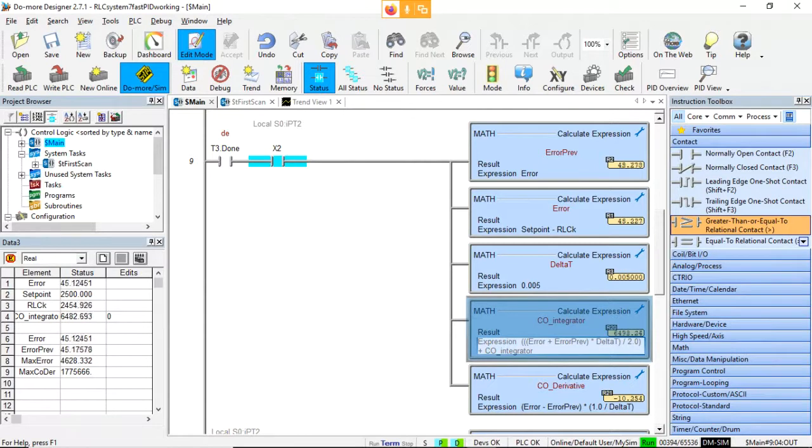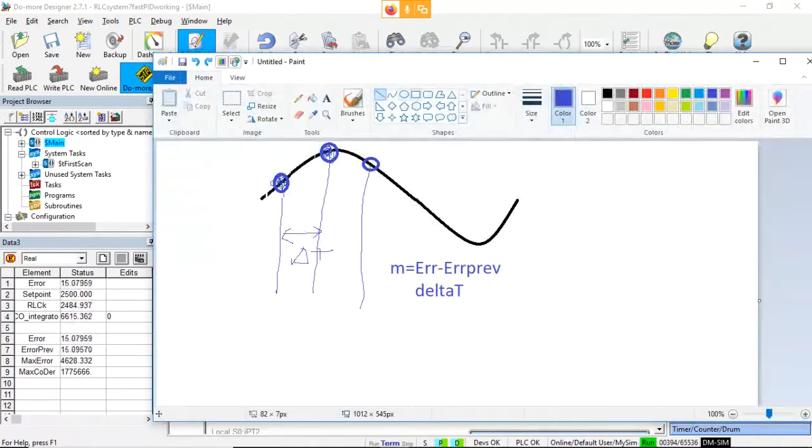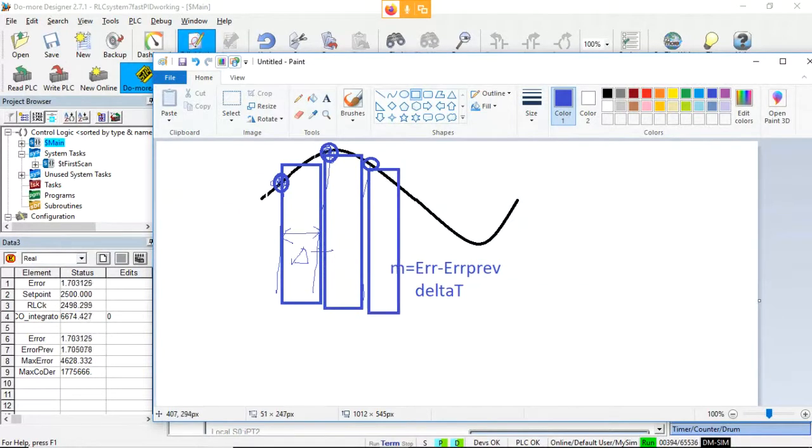That's that trapezoid. And then we're adding the previous one to it. So remember, I just have a rectangle here, but we're adding this area, and then we're going to add this area, and then when we do the next delta t, we would add this area, and then we're going to add this area.